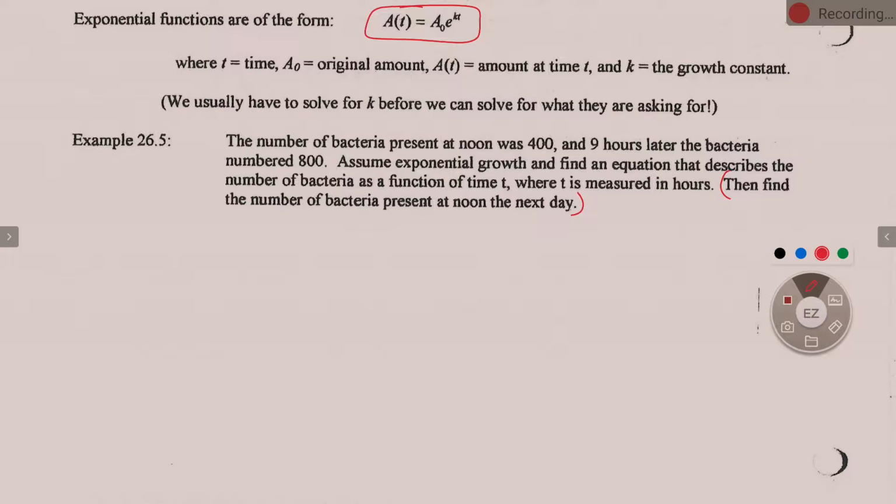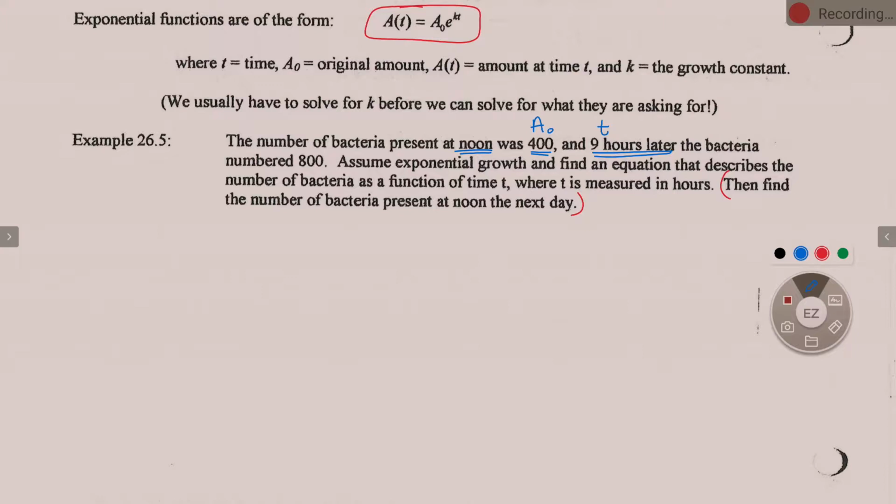Okay. So what are some things we picked up on? We have the initial value, and we have the time. The number of bacteria present at noon was 400, and this is going to be my initial value, because that's the first amount we know. That's A naught, and that was present at noon. We know time, meaning 9 hours later is my t.